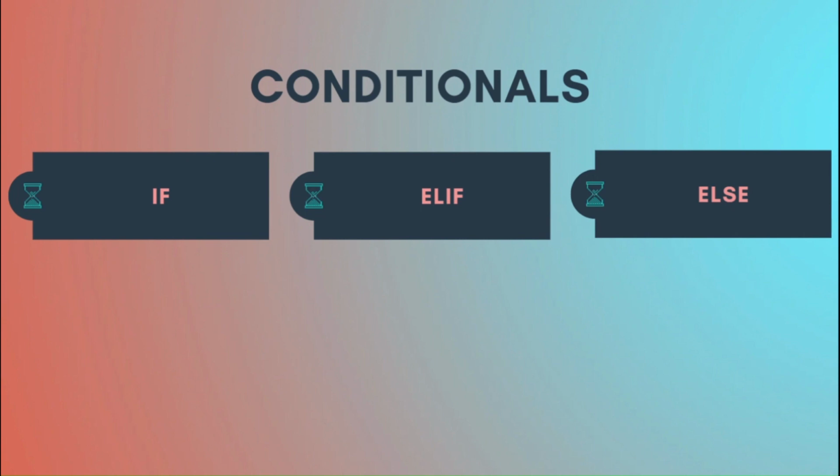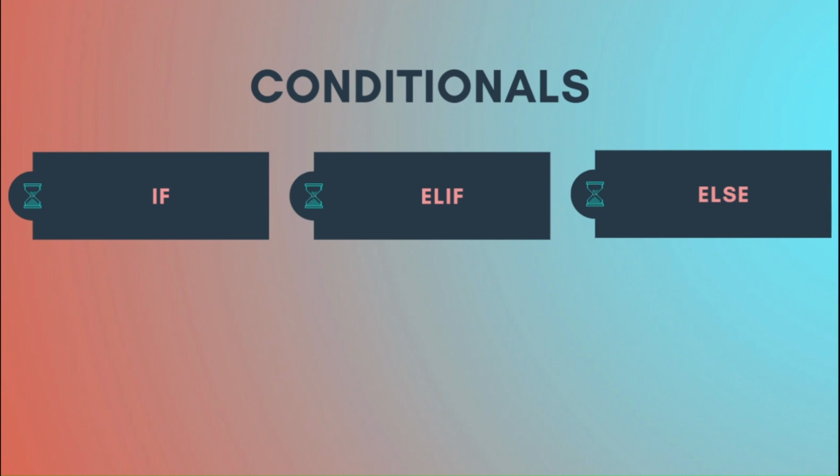The if statement is used to execute a block of code if a certain condition is true. The elif statement, which stands for else if, is used to check an additional condition if the preceding if statement's condition is false. It allows you to specify multiple conditions to be tested one by one.